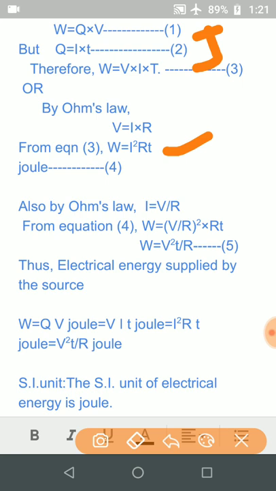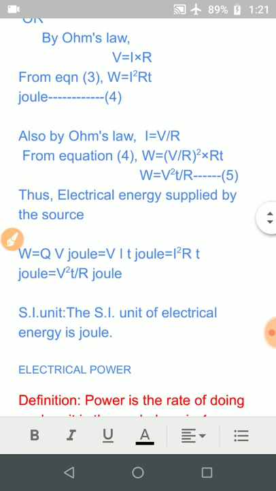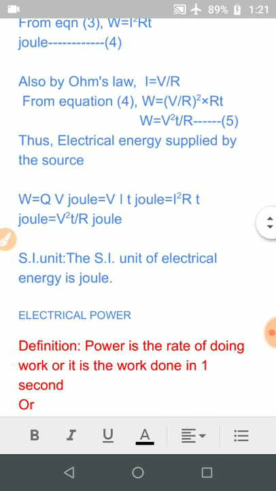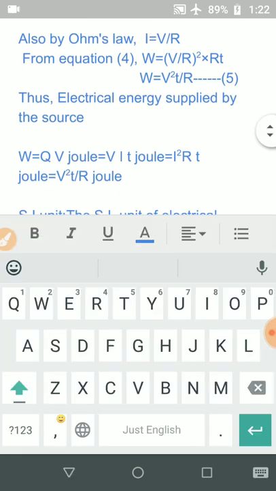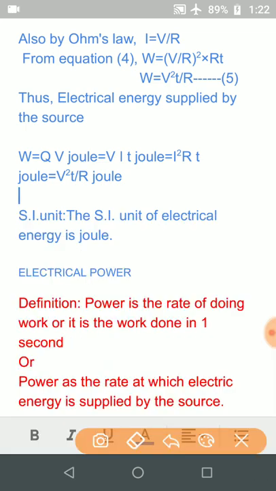Then again apply Ohm's law, I is equal to V by R. Therefore from equation number 4, substitute here, then W is equal to (V by R) whole square into RT. This implies V square by R square, therefore R gets cancelled and remaining W is equal to V square T by R, call it equation number 5.